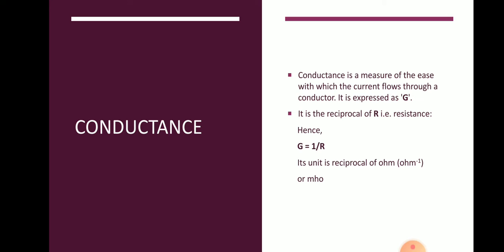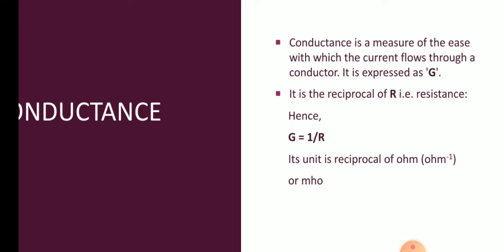So what is the difference between conductance and conduction? The two words are related to each other. Conduction is the process, and conductance means it is the power of the electrolyte.